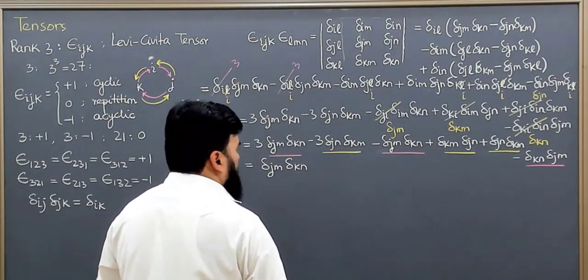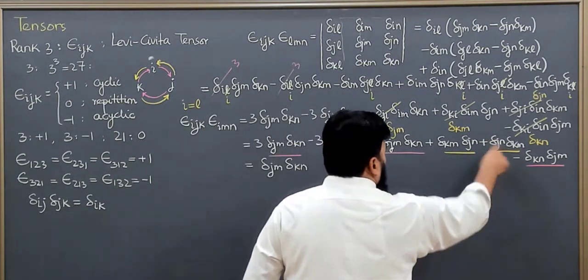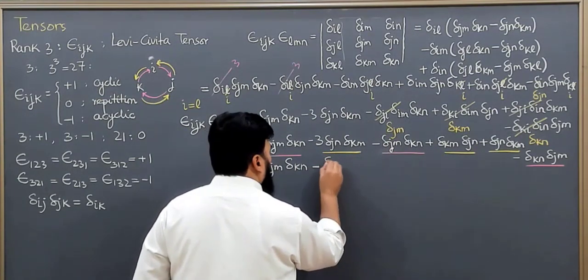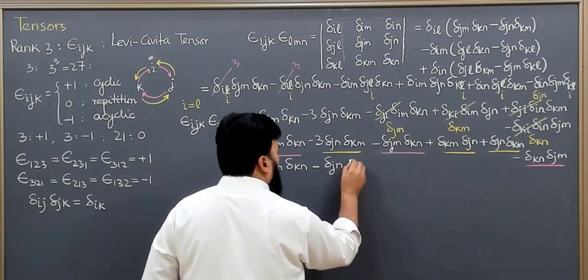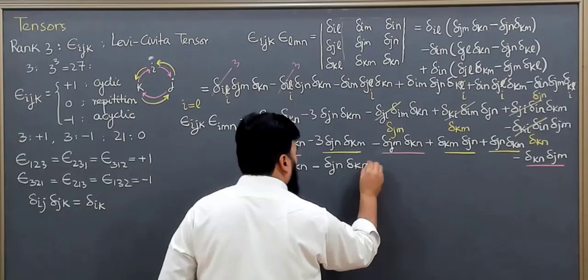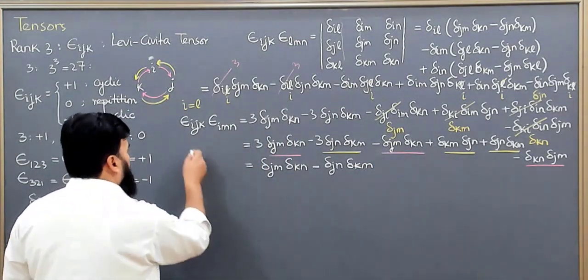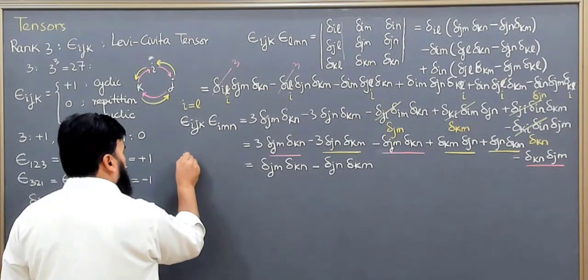So this and this will make 2 and minus 3, so it will be minus delta Jn delta Km.